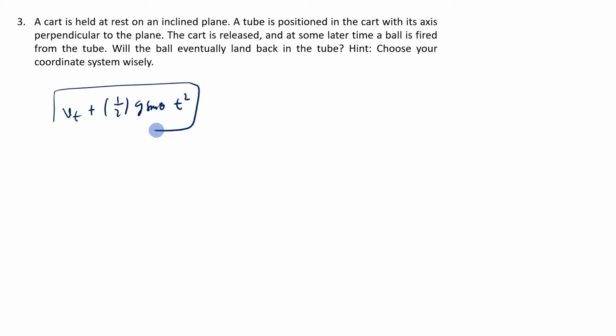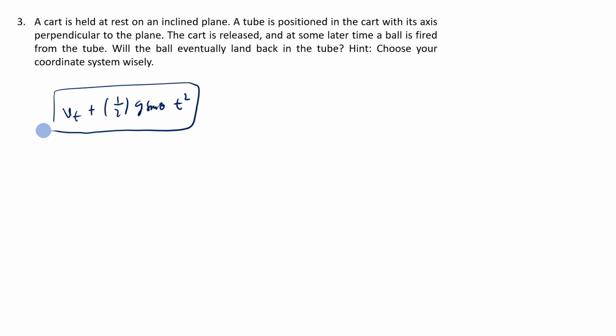This is the position of the cart along the plane. But this is also the coordinate of the ball along the plane, because the ball's initial speed along the plane is likewise v, of course, because the tube is perpendicular to the plane at all times. So the ball lands back in the tube.